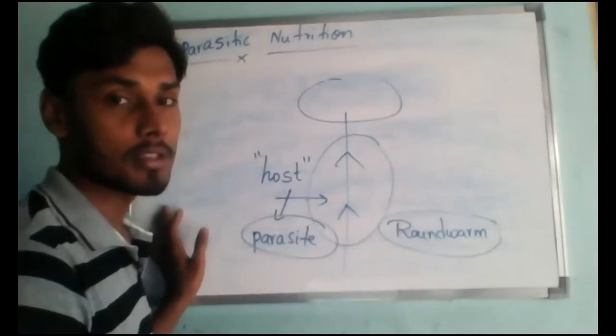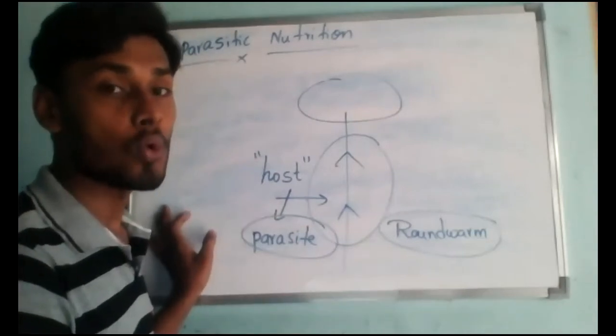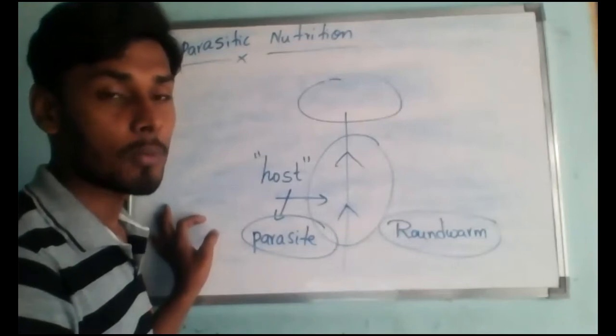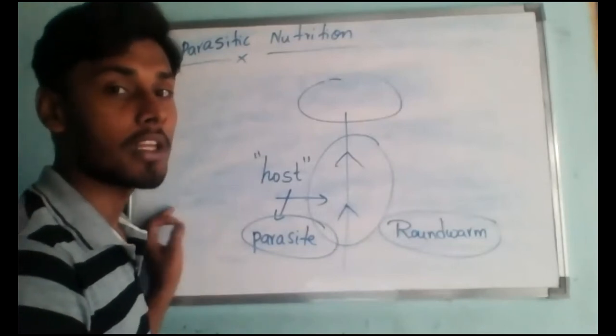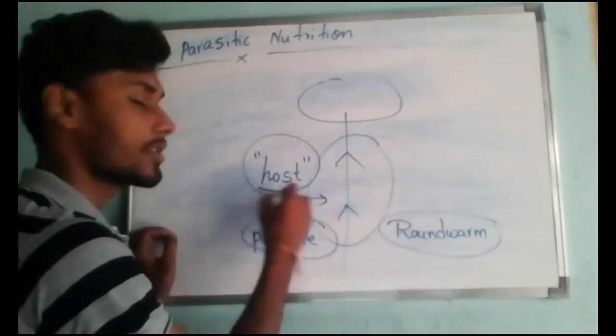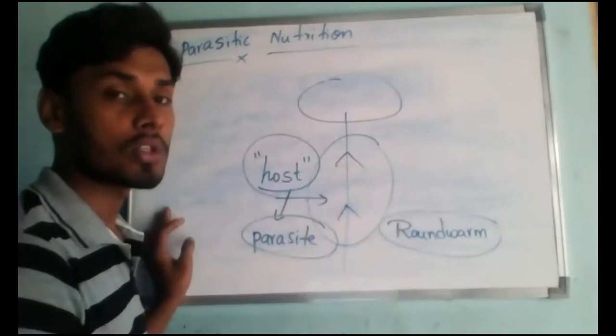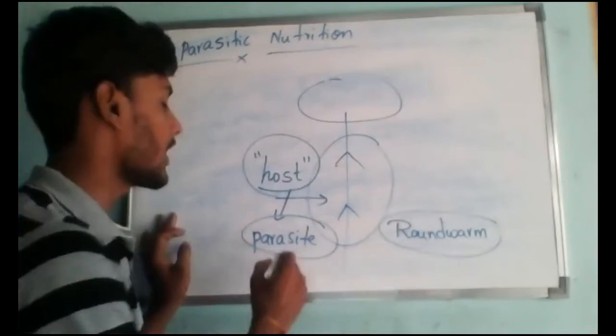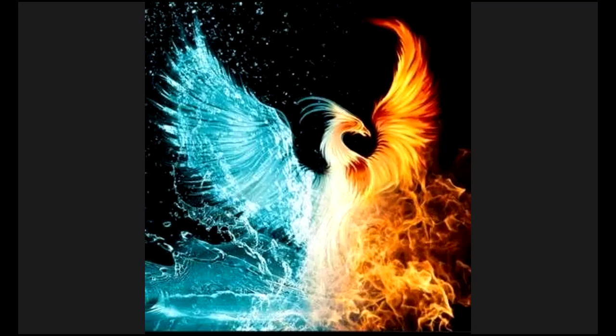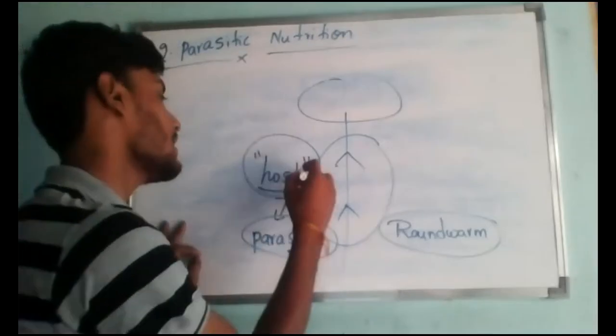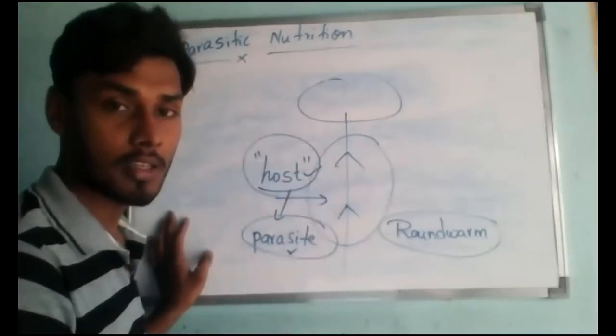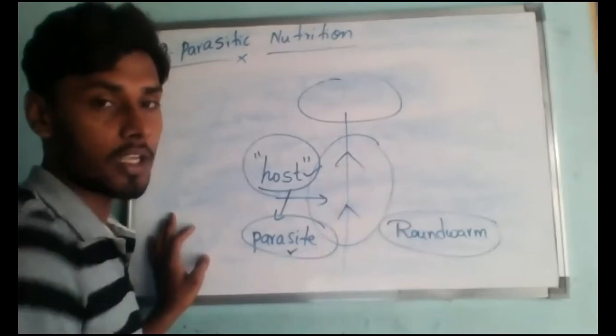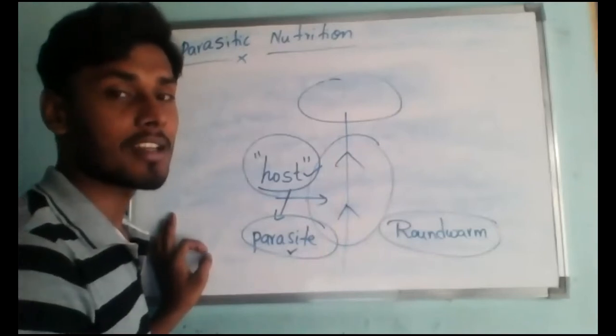Parasite. Understand? And the organism from whose body food is obtained is called the host. Who is obtaining food is called the parasite. From whose body it is obtaining is called the host. So from this we can say a parasite is an organism.